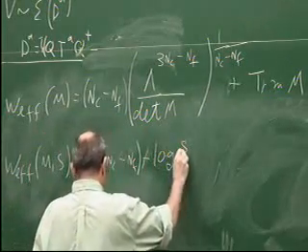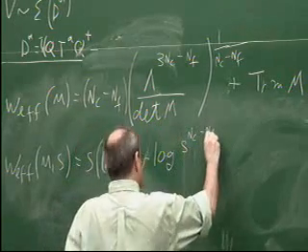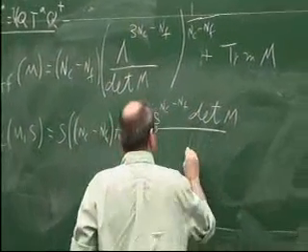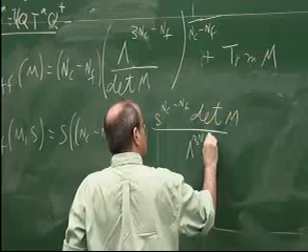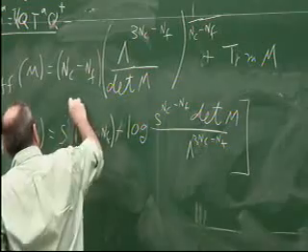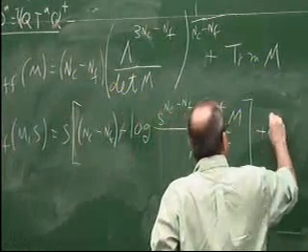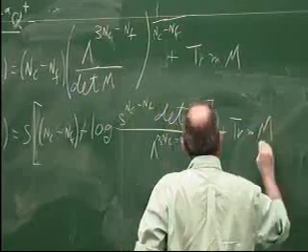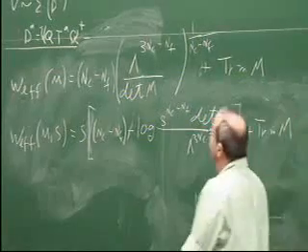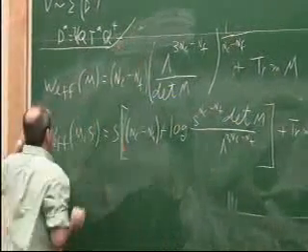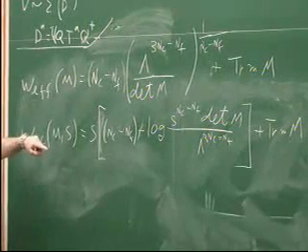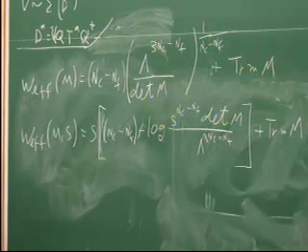Log S to the NC minus NF over determinant M, lambda to the 3NC minus NF, plus trace little m big M. So everything I said today, except at the beginning of the lecture, is summarized by this formula, or that one, or the one in terms of the couplings. This is a tautology, because we go between them by just performing Legendre transform.